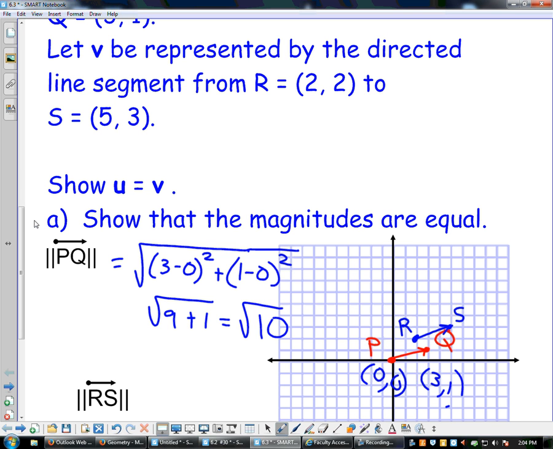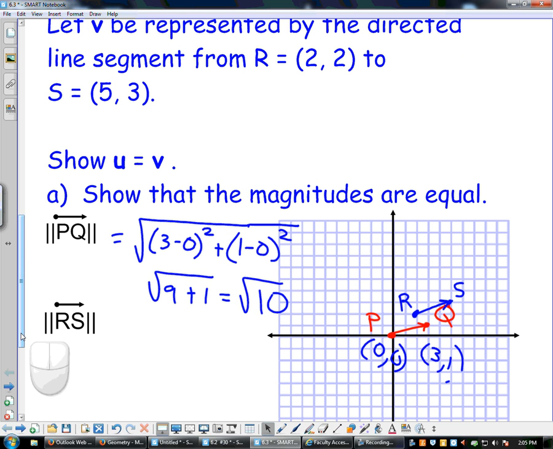Would you please verify that you're getting the same result for our vector RS? Remember, when we draw the vertical lines around the vector, that means we're talking about the magnitude. So I'm asking you to find the magnitude of vector RS and show that it's the same as the magnitude of vector PQ. Do they match?